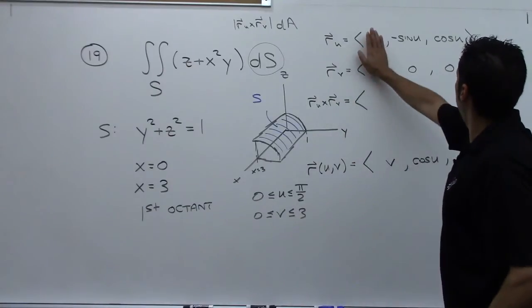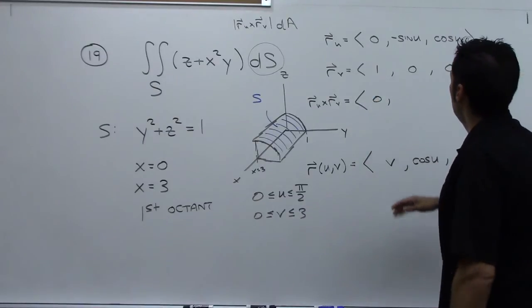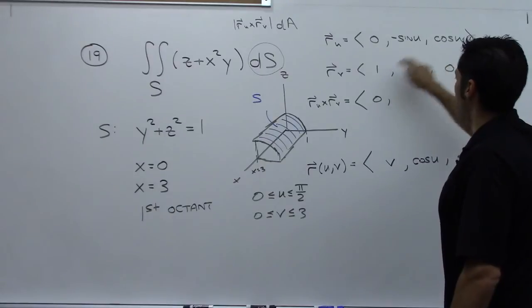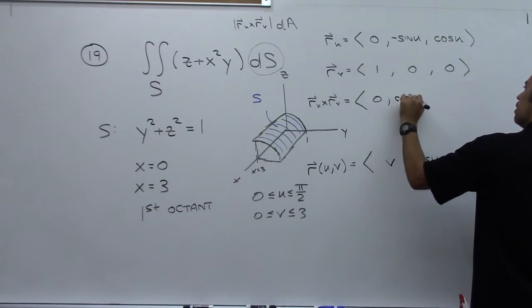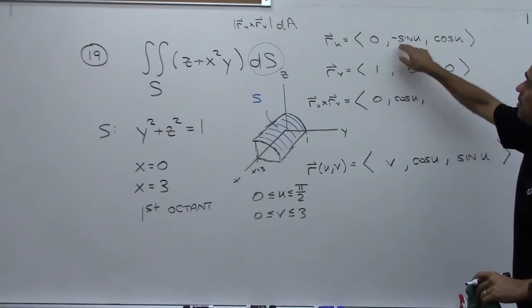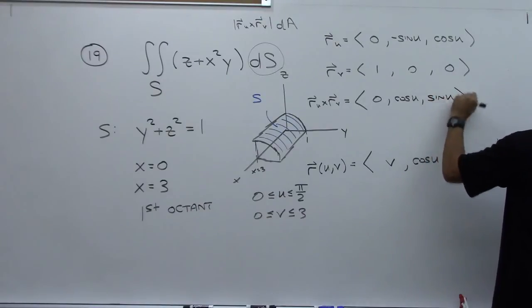We cover this up, we get zeros there. And cover this up, we get 0, and then we get negative cosine, or minus cosine u, but it's the middle one, so it's positive cosine u. And we cover this one up, we get 0, and then minus and negative, so it's going to be plus, so we get sine u.